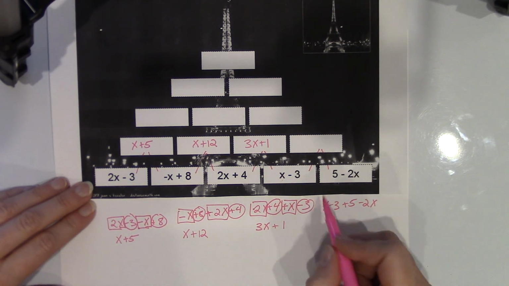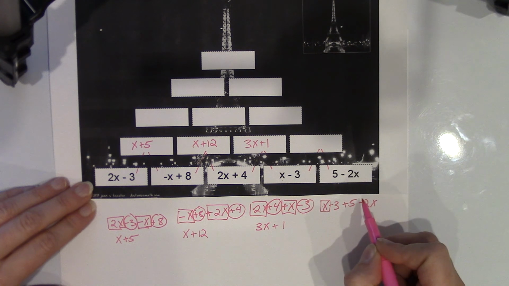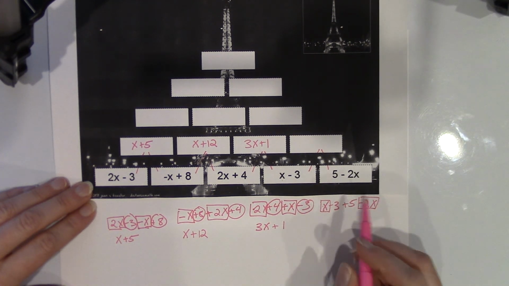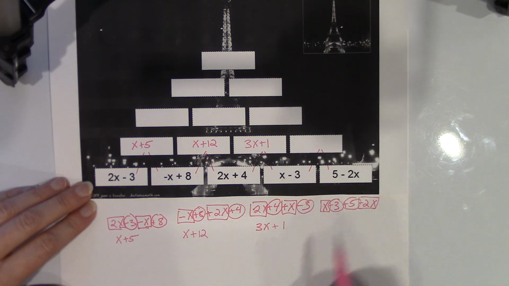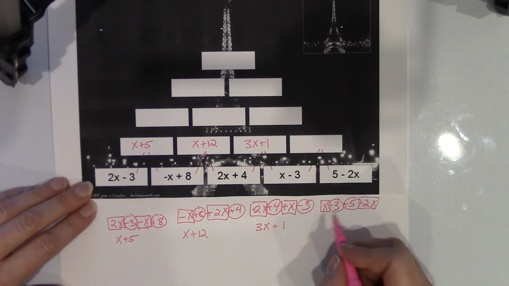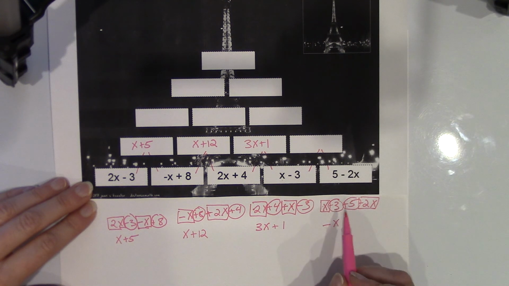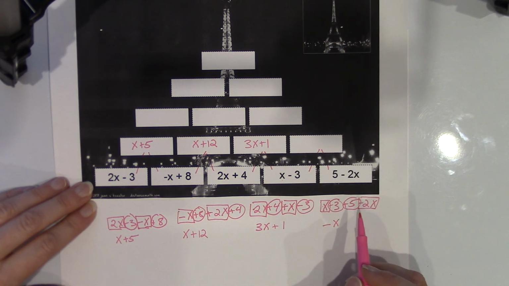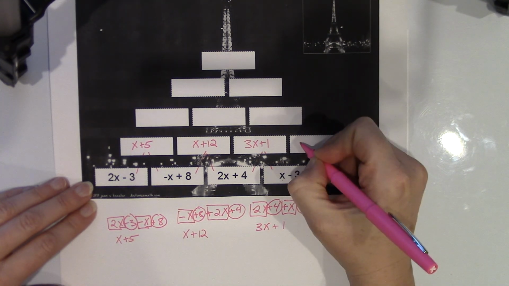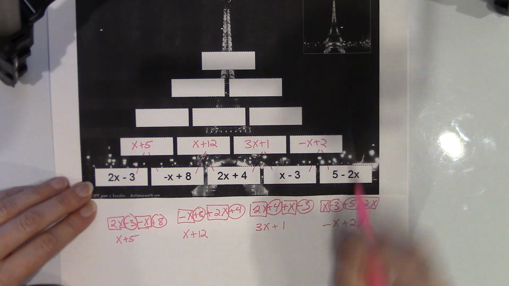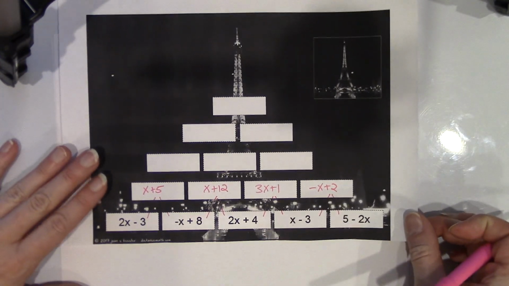My like terms are an x and a negative 2x, and a negative 3 and a positive 5. X and a negative 2x give me a negative x, and a negative 3 and a positive 5 give me a positive 2. So I have negative x plus 2.